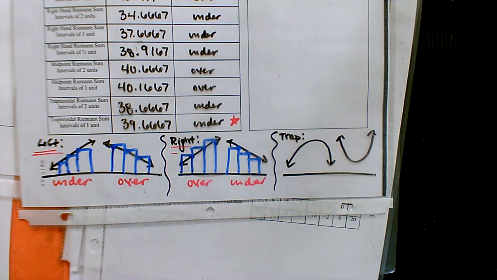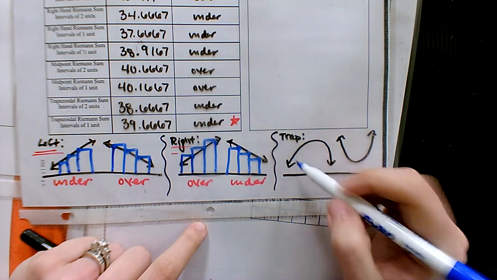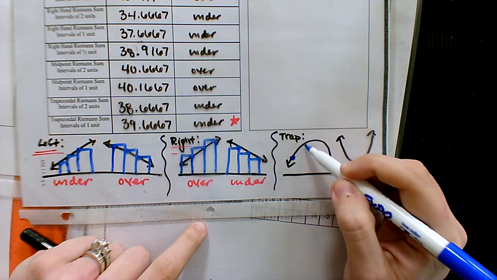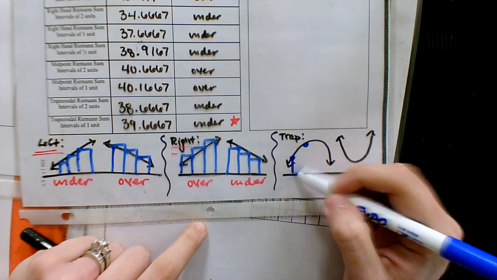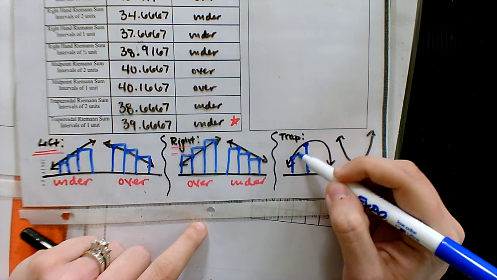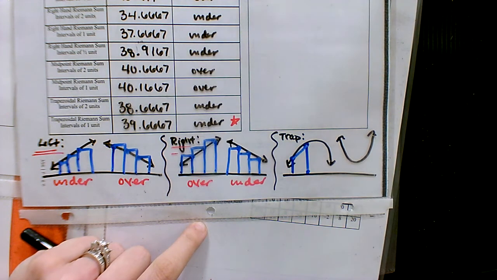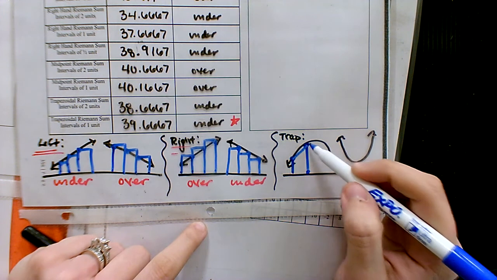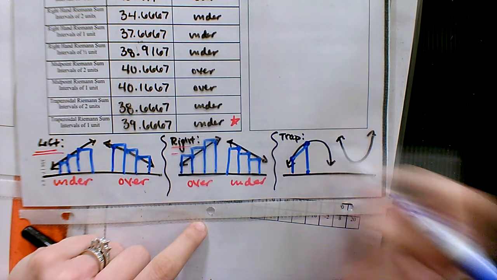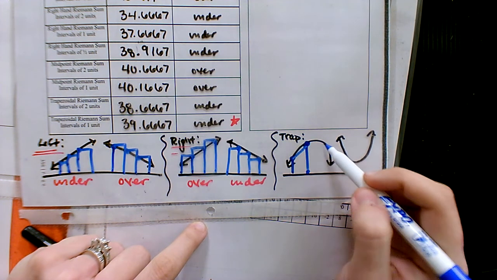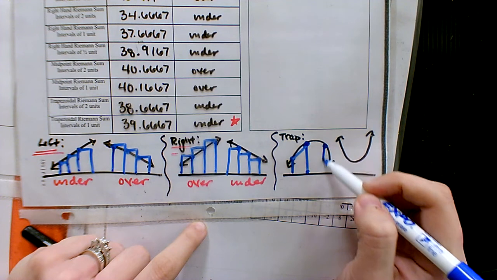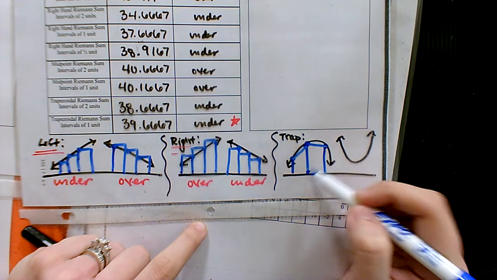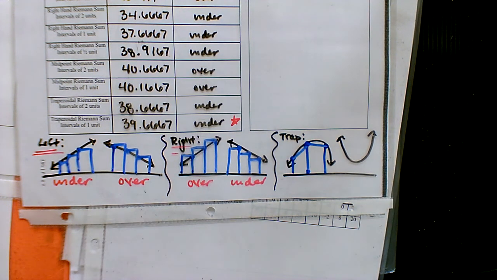If we started to draw trapezoids underneath a concave down graph, we could probably put one dot here, form the bases, and then connect the dots. If we drew another one, butted up against it, maybe there's a dot here and a dot here, form the bases, connect the dots. That's definitely under.